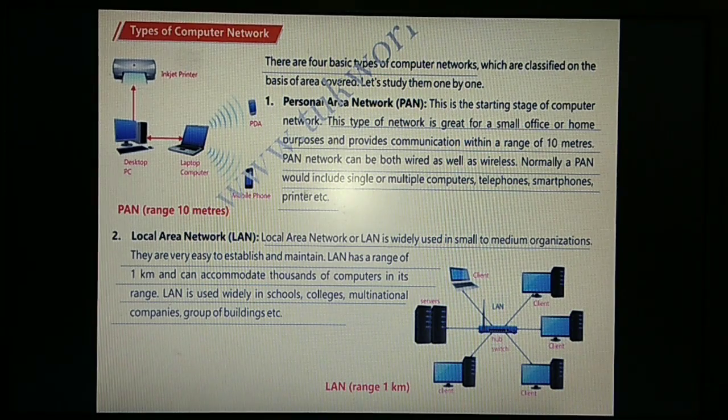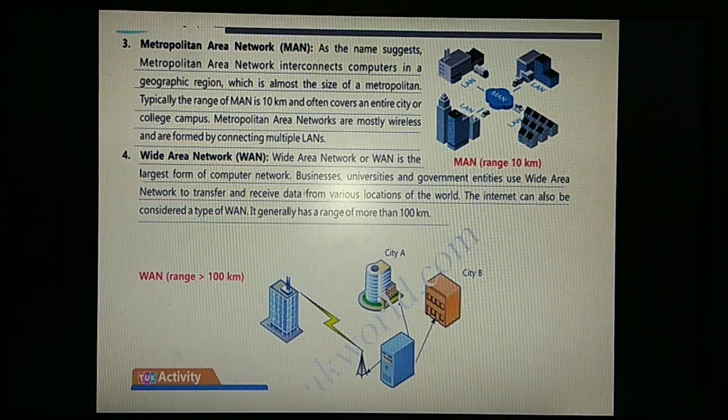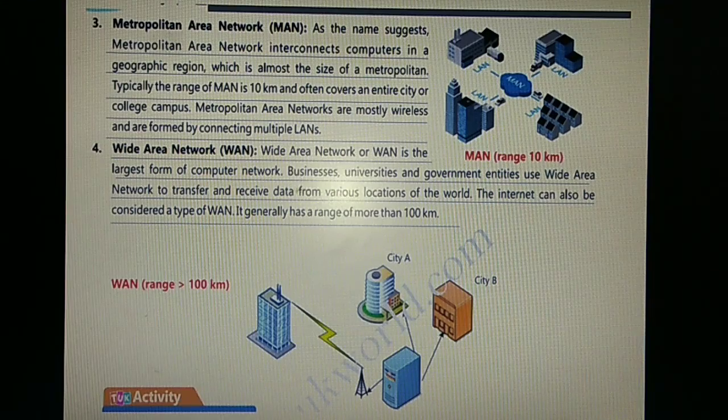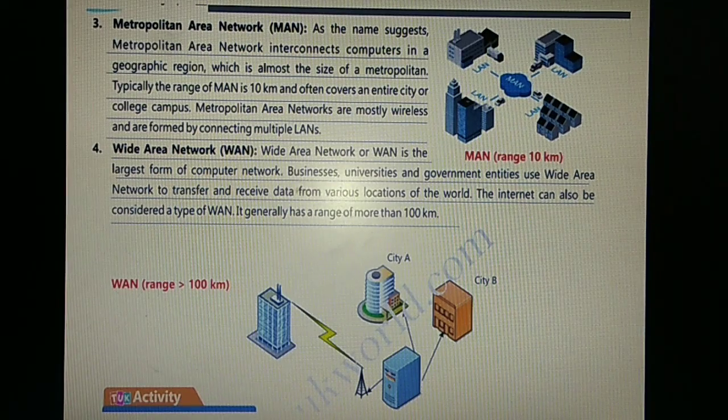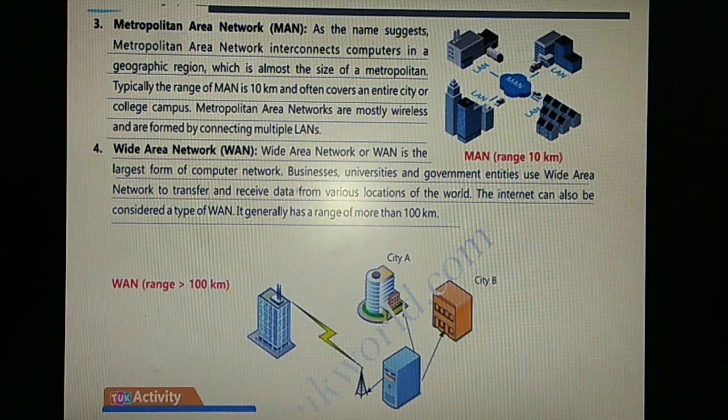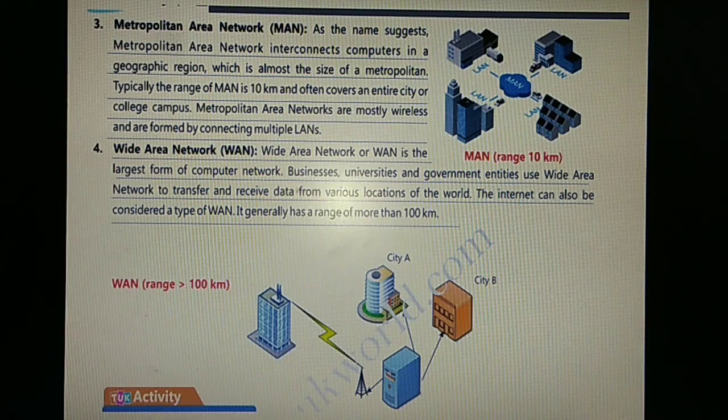Next is the metropolitan area network, MAN. A metropolitan area network interconnects computers in a geographic region which is almost the size of a metropolis.